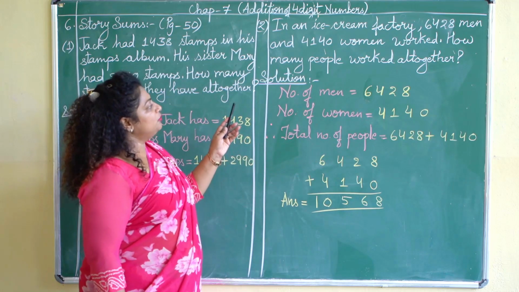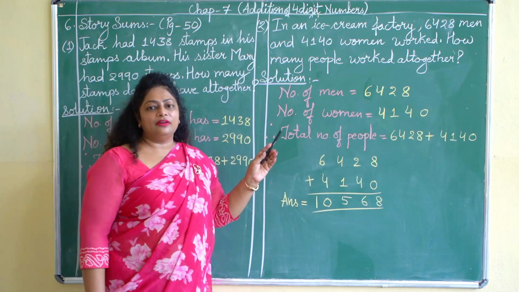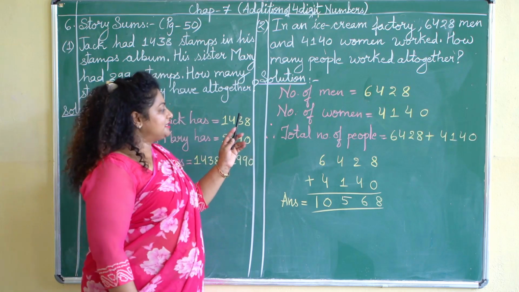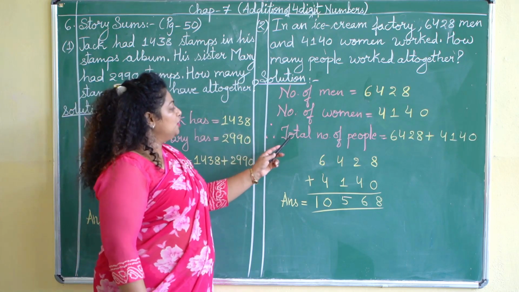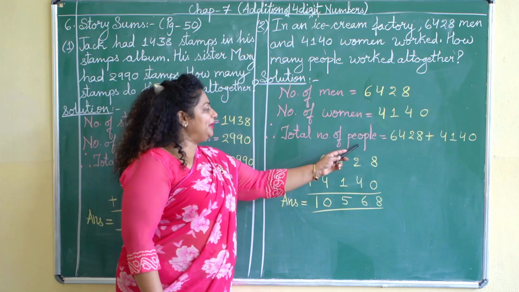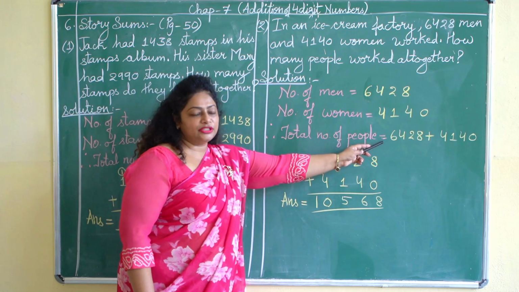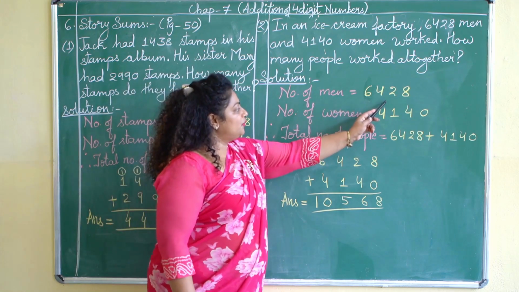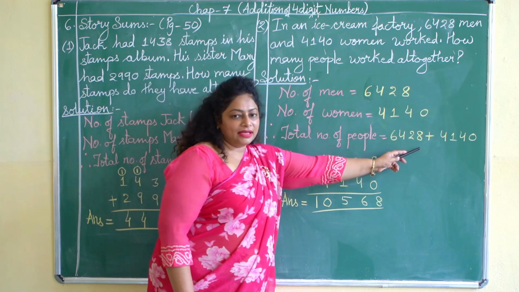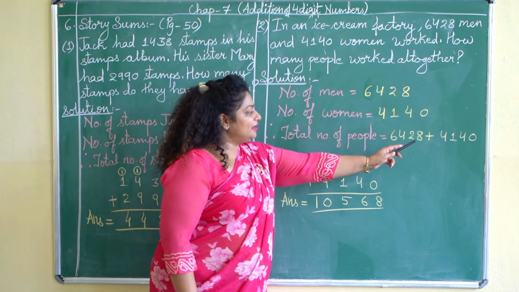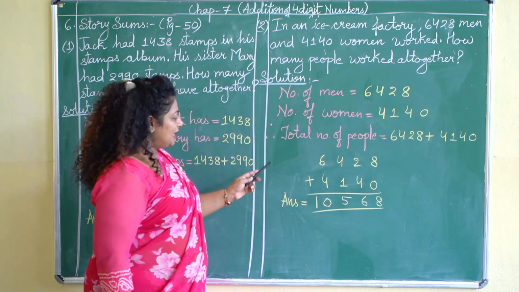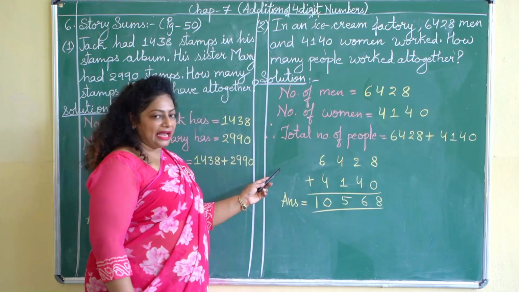Now, in order to find how many people are working altogether, the statement we write is therefore total number of people will be equal to 6,428 plus 4,140. Now let's arrange it and add.